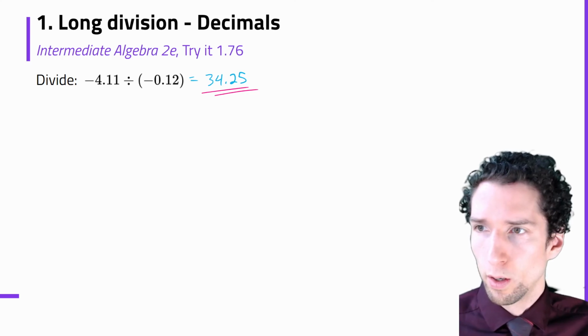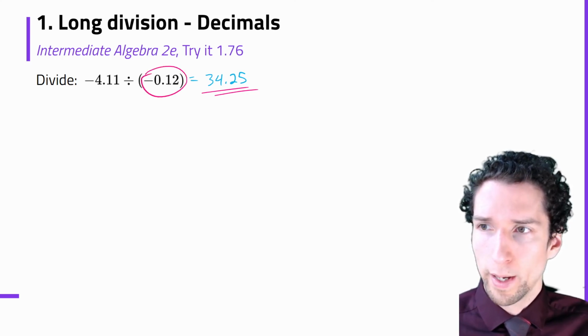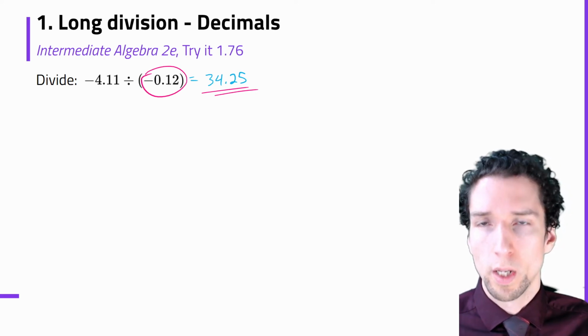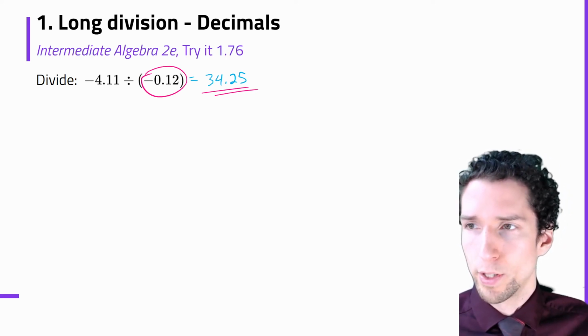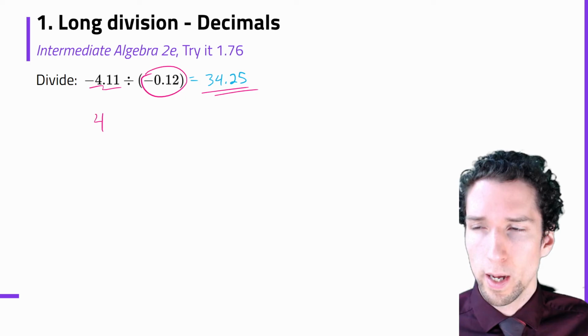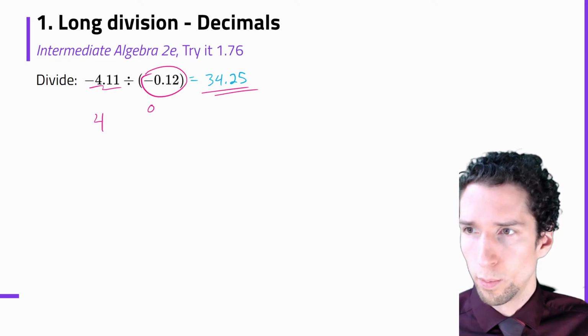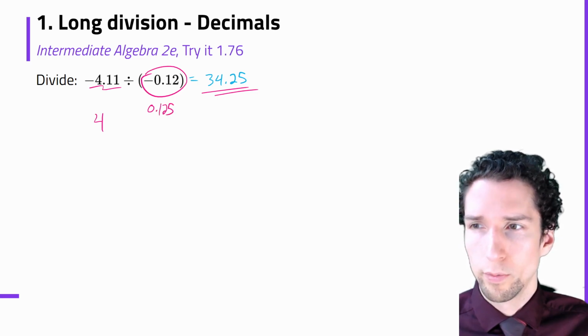Just a note here, we are dividing by a number that's less than 1. So the result should be getting bigger. That's just a pattern to notice. So this is kind of close to 4, and this is kind of close to 0.125, which we should recognize as 1/8.